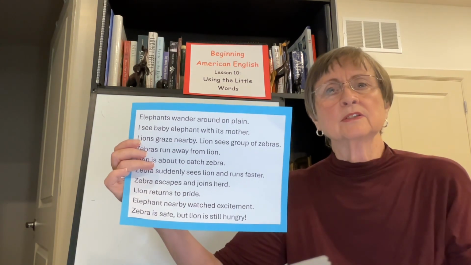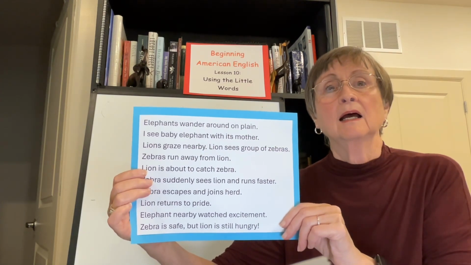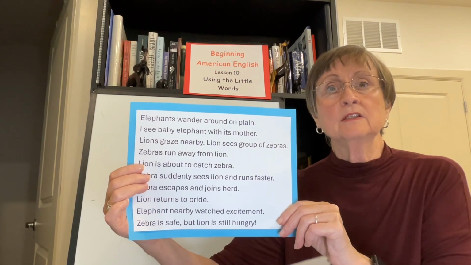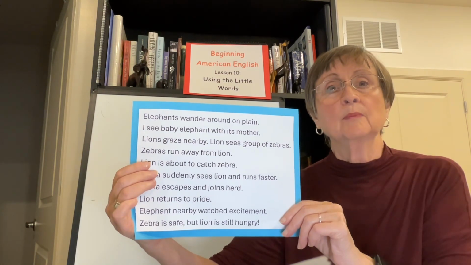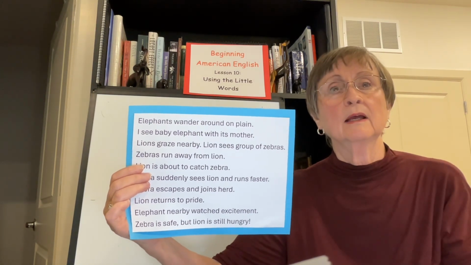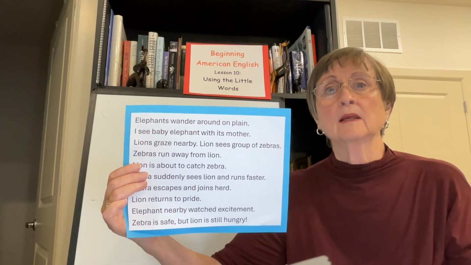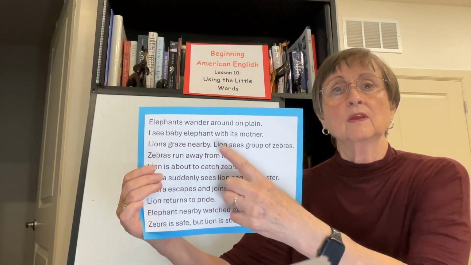Here are some sentences that need correcting. Think about it and then we'll check them. Elephants wander around on plain. Plain is a very large grassy area with no trees, or almost no trees. I see baby elephant with its mother.